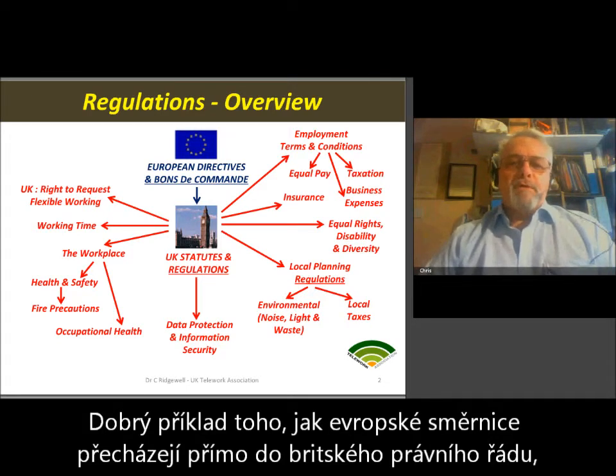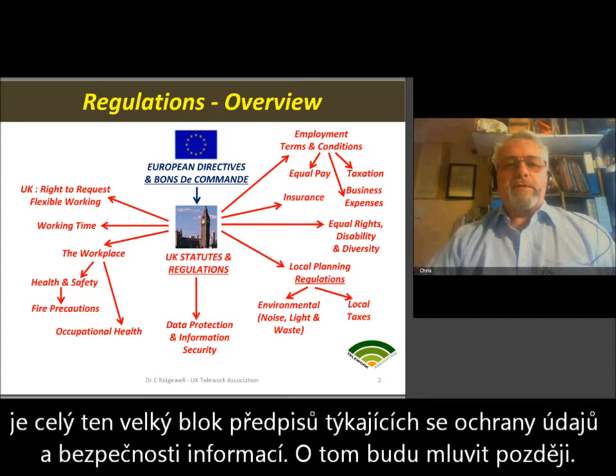A good example of the way the European directives pass right through into the UK legal system is all that great block of regulations to do with data protection and information security, and I'll cover that a bit later on.